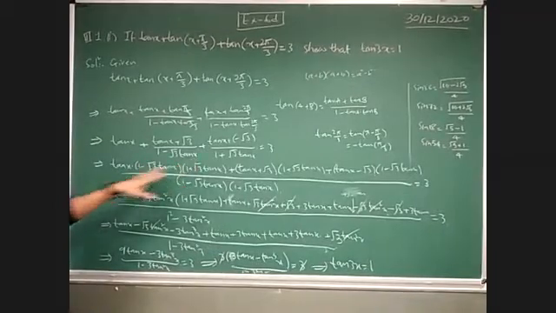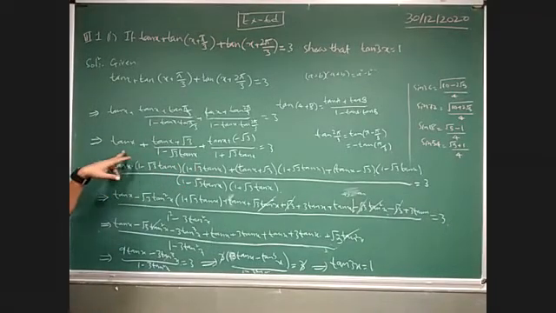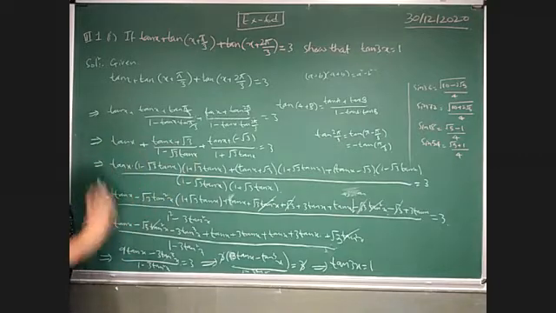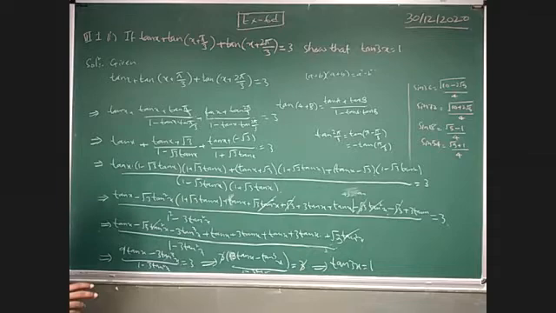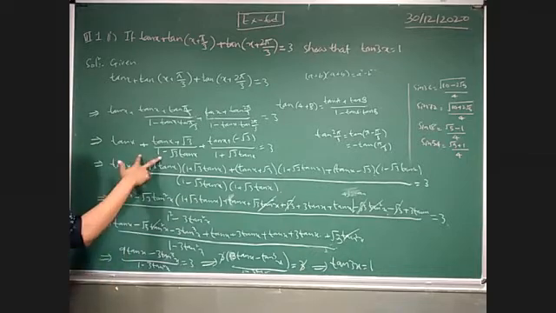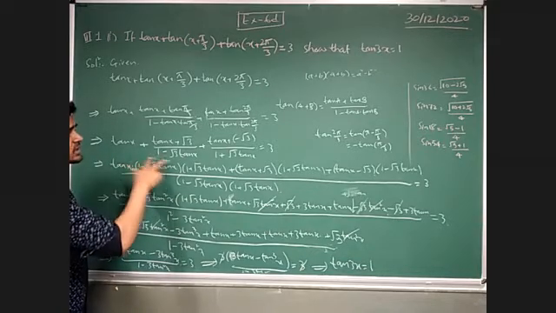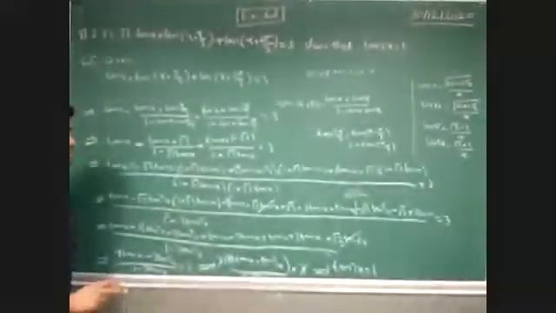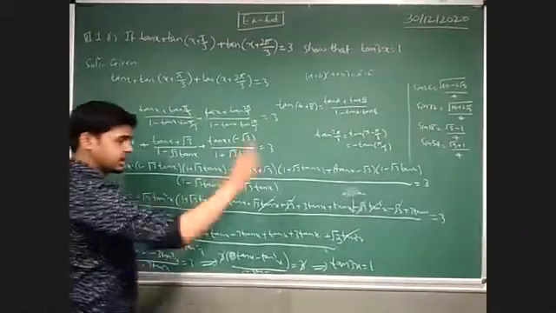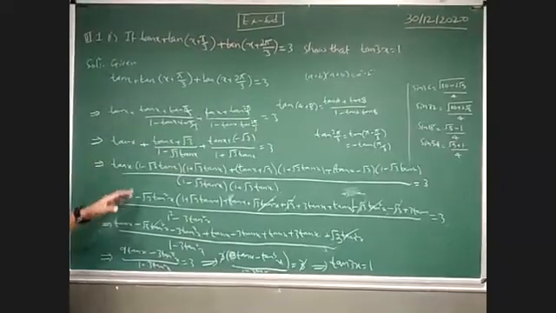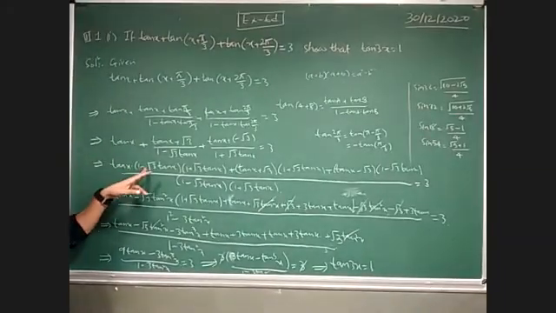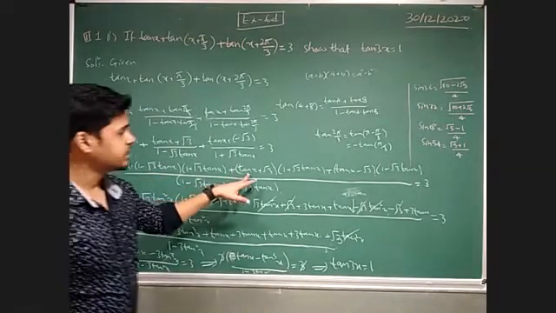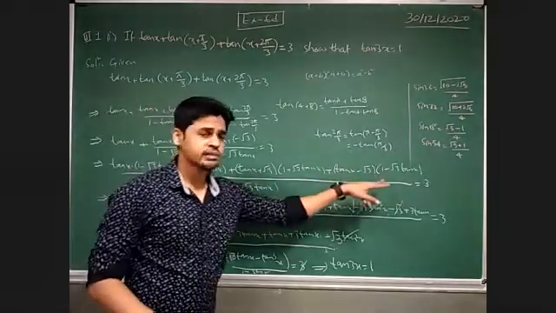Now after this I have to take LCM. Okay, now I directly took the LCM. You can take the first 2 LCM, and after getting this you can take the other 2 LCM, so you are going to get the same terms. Okay, so here I directly did these things. So I took LCM here. Now I multiplied tan x with this term, and multiplied this bracket with that bracket.